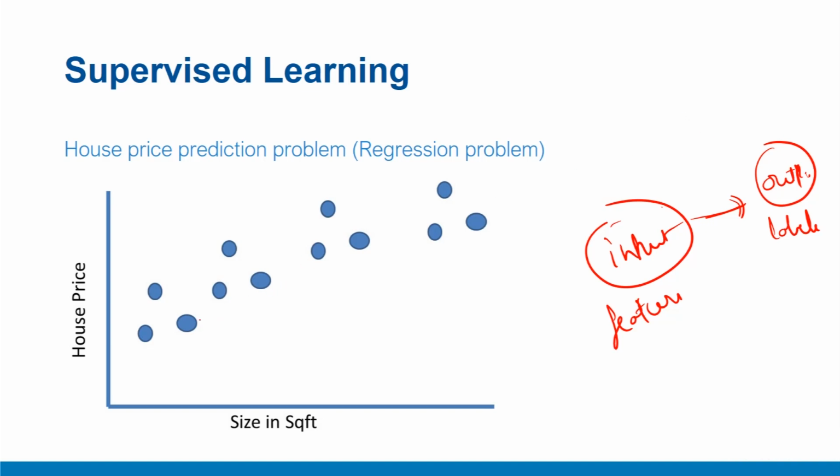A very simple example to this is house price prediction problem, where a set of data, that is size of house in square feet, which is one of the features, and the label, that is house price, is given, and using this data the algorithm is trained. This is called regression problem, where we try to model this using regression.